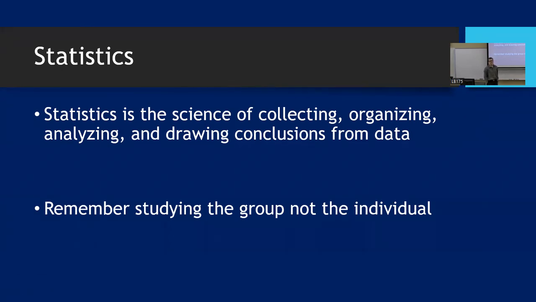So you could say in general, you have a higher chance of contracting lung cancer if you smoke. That does not mean every individual who smokes is going to get lung cancer, or that no individual who doesn't smoke is going to get lung cancer, right? So again, it gives us really good insight into general trends, but we have to realize we're talking about the group, not every single individual in the group.